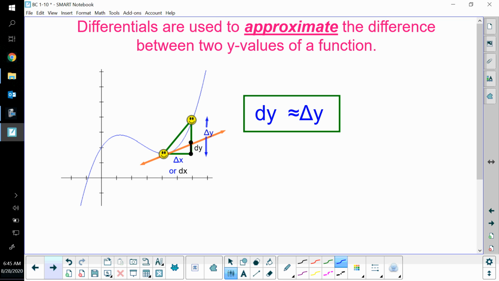And because lines are a lot easier to work with than other curves, that is why we would want to do this. We could use differentials to approximate really nasty values. And by using the differentials, the process isn't going to be too bad.